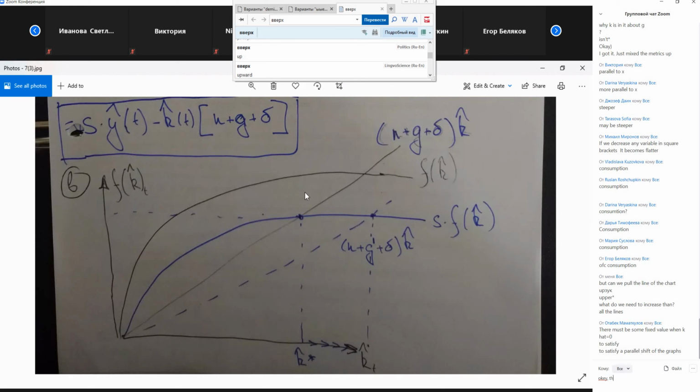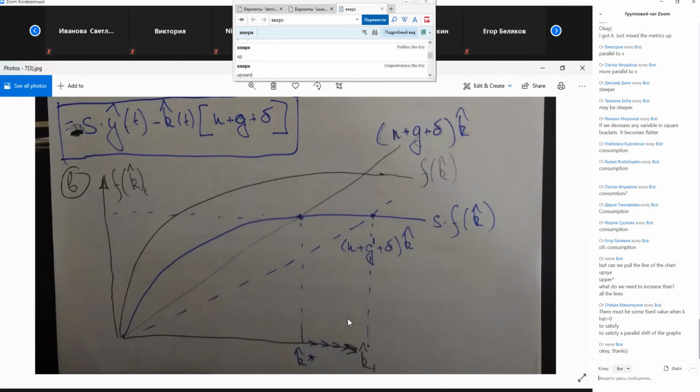Yeah, to have this parallel shift of the graphs, we don't expect it, so to say. We don't need it. We just say, all right, we need to have more capital, then we'll become richer, and we'll increase our output.